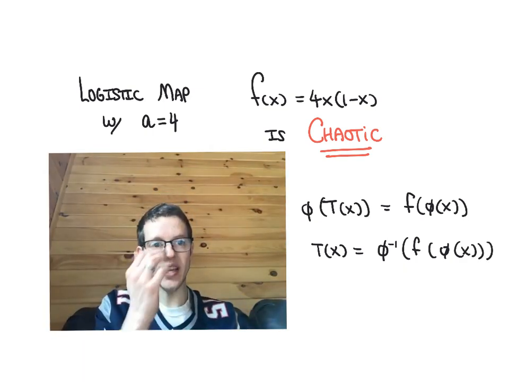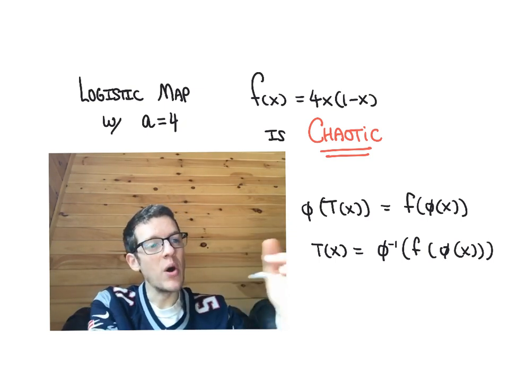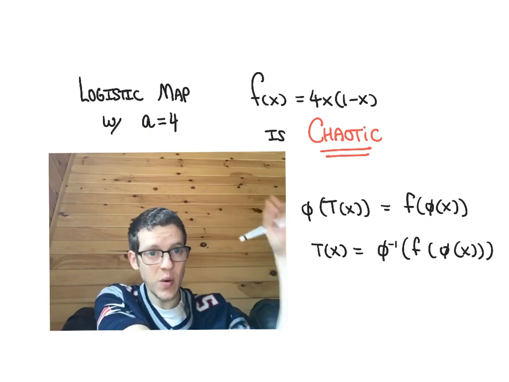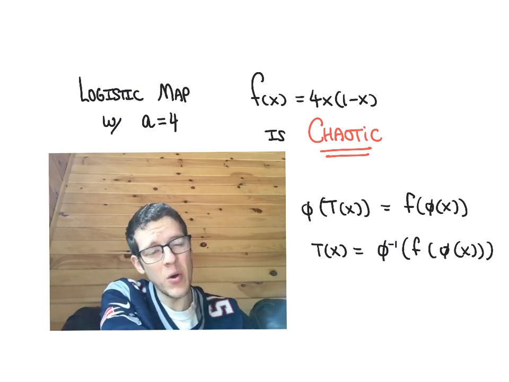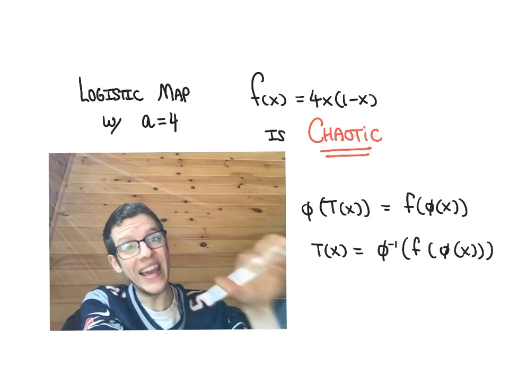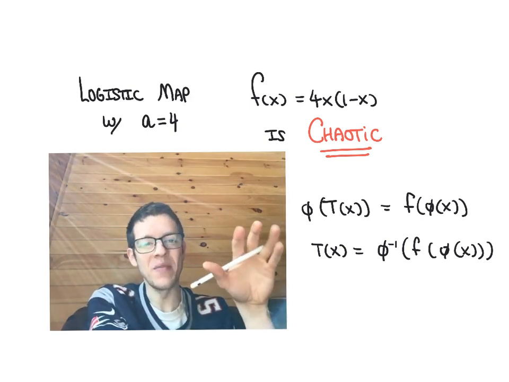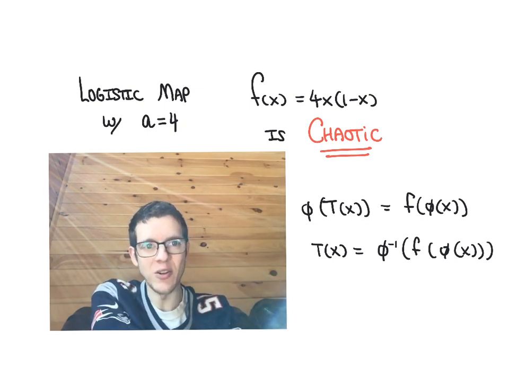You can actually take the logistic map, compose it with sine squared of pi over 2 x, and then compose it on the outside with the inverse of sine squared of pi over 2 x, and get the tent map. That's a super cool result. Try it out. It's like a little algebraic technique. It's going to be part of your homework.